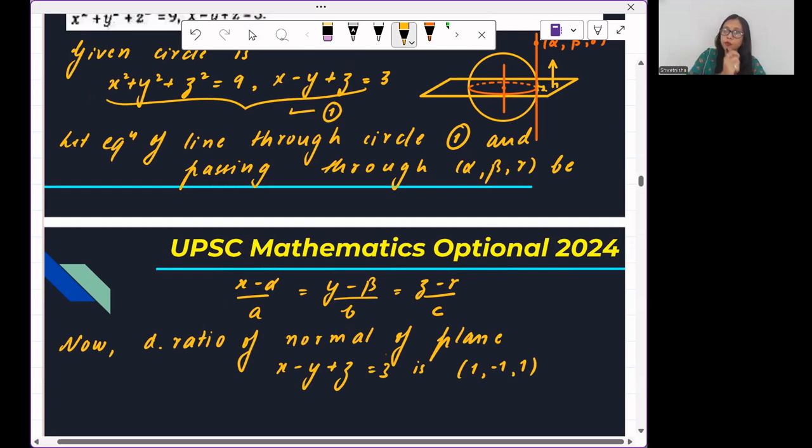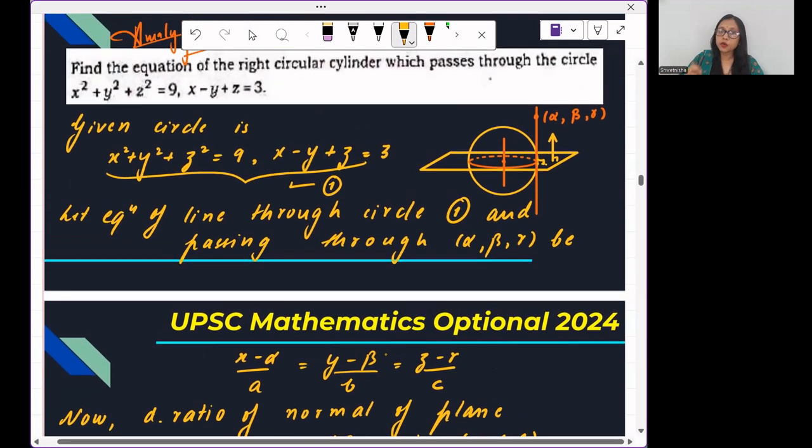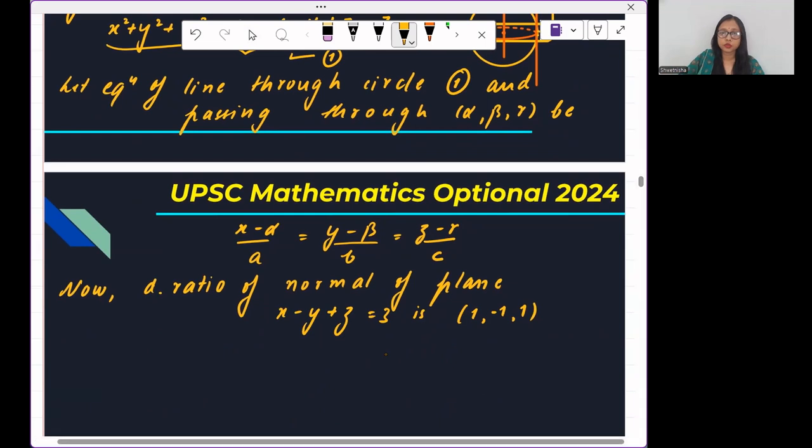So basically, one by one, I'm applying all the conditions, so that I can say this line is actually the generating line. Right now, it is just passing through alpha, beta, gamma. And now I have taken the condition that it is perpendicular to the plane. So now the direction ratios of the normal of the plane are this.